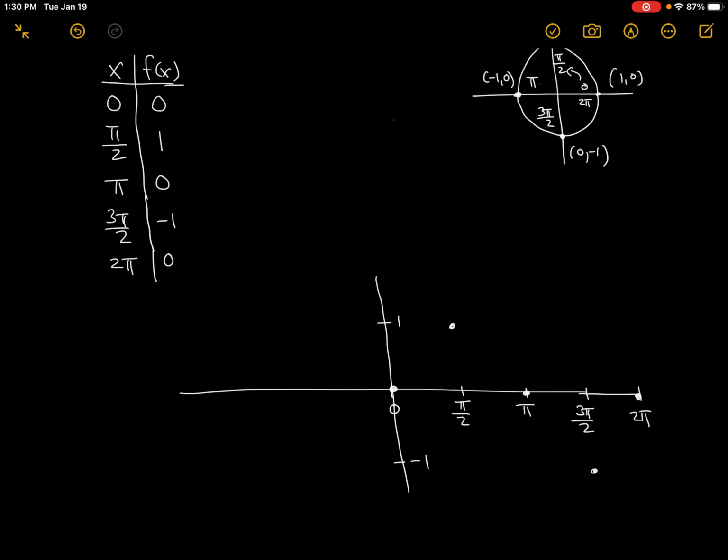I can also go in this direction. I can go negative pi over 2, negative pi, negative 3 pi over 2, and so forth, -2 pi if I wanted to. This is the pattern of your sine function, or the graph, I should say.